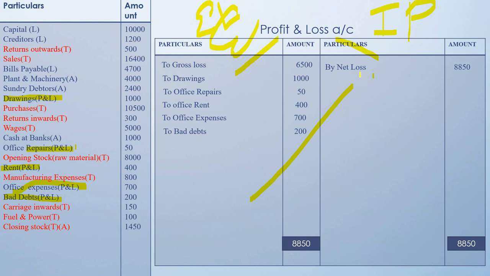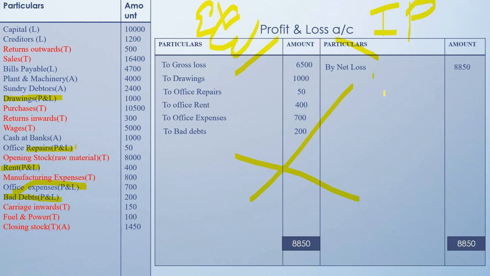If the business gets a profit, it is carried to the capital on the liability side and added to the capital. Now we got a loss, so we carry this loss forward to capital and subtract it from the capital.